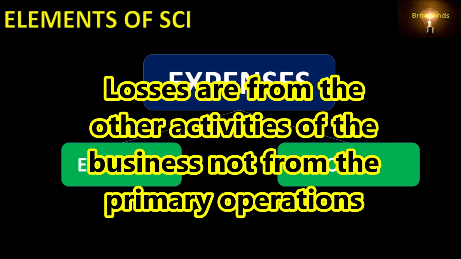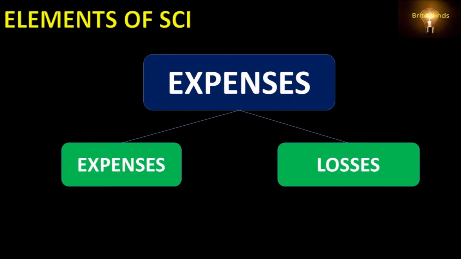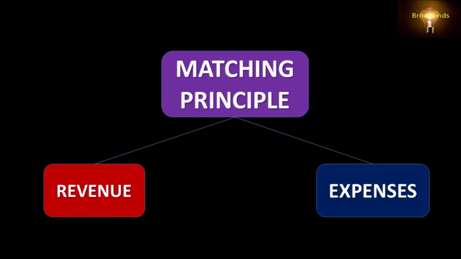For example, interest expense from a note payable is classified as losses and other expenses, because the interest expense is not from the primary operations. And remember this: revenue is recognized in the period of delivery, while expense is also recorded in the same period of the revenue it was able to generate.